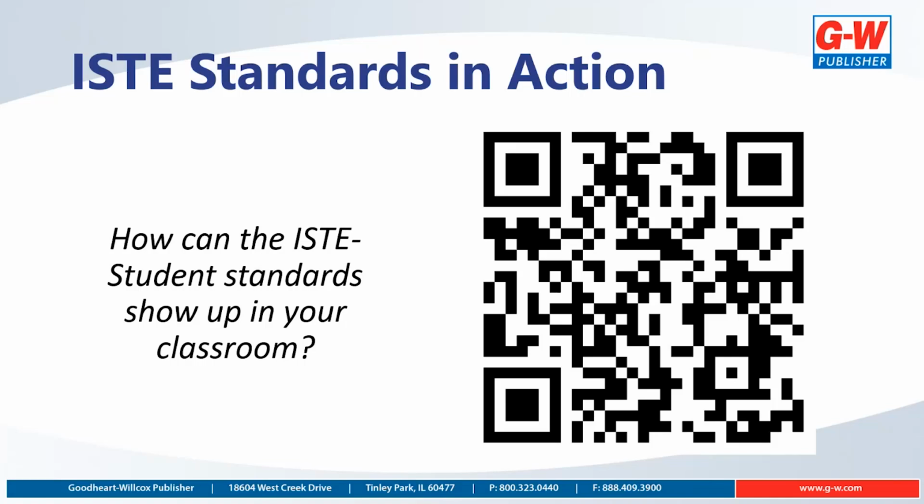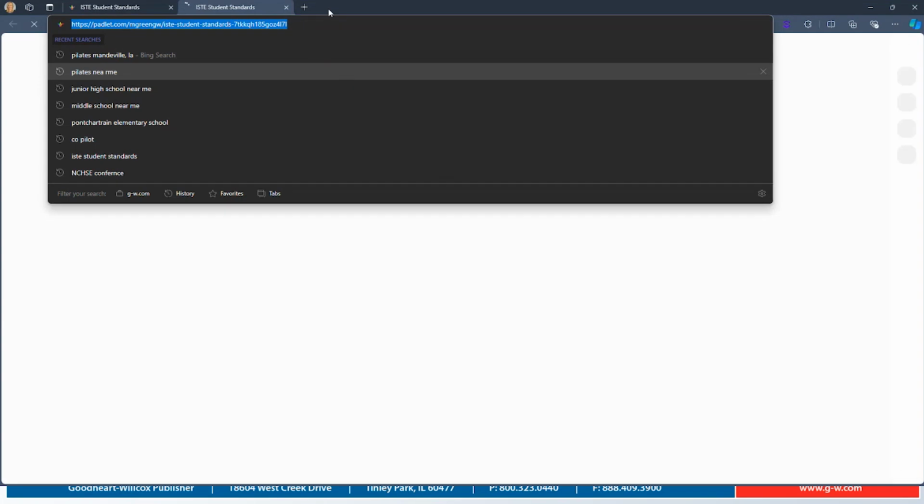I'm using the free version, but as always, check with your organization's IT department to make sure that you can use it with students and it's open for student use. When you open the Padlet, it's going to have the different ISTE student standards. How do these standards show up in your classroom? Let's jump to our Padlet to find out. And I'll be putting the link in there momentarily.